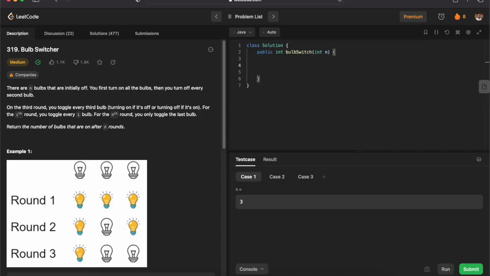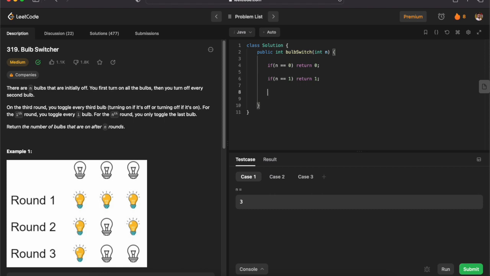First of all we need to check some base conditions, like if n is equal to 0, then return 0, because no bulbs will be on, right? If n is equal to 1, we know that we need to return 1, because initially the bulb will be off, so at the first step it will become 1.